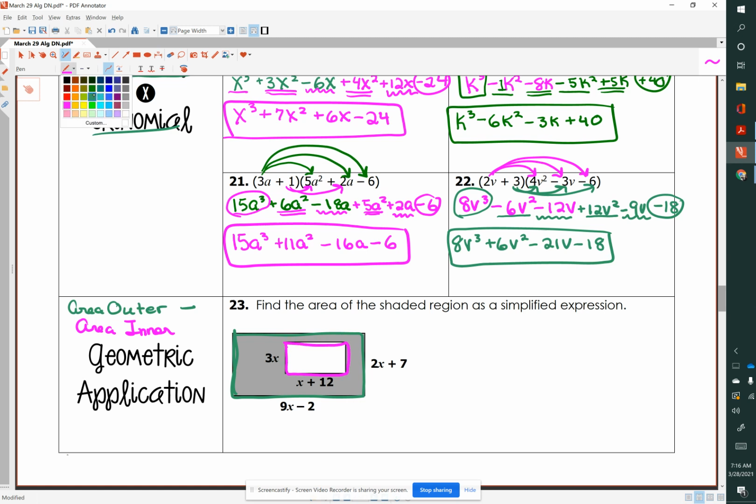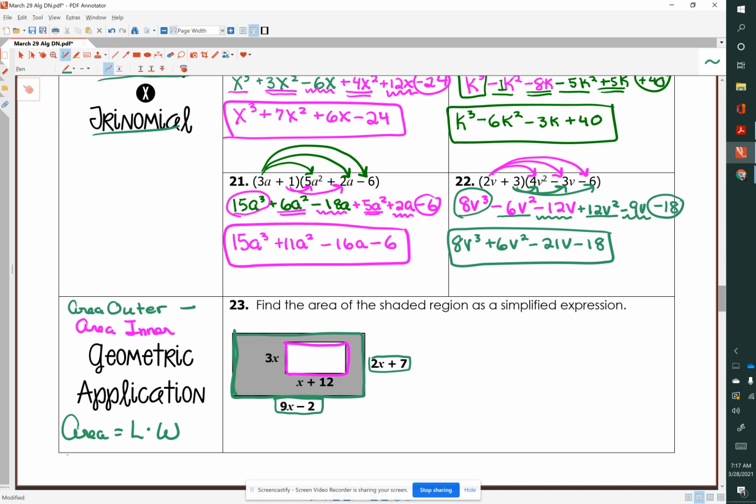So let's start with the area of the outer box. So the outer box is 2x plus 7 by 9x minus 2. Remember, area equals length times width.